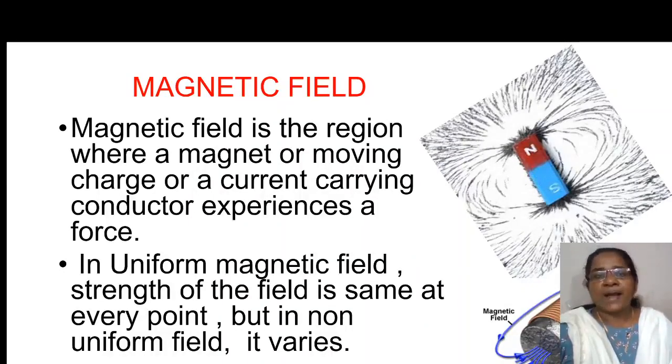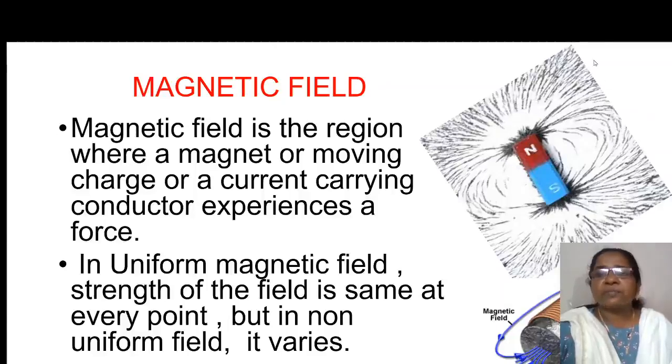Now we are coming to the magnetic field. Here you can see a bar magnet and iron filings are attached along some specific lines. These iron filings are arranged in a particular pattern. This pattern represents the magnetic field around this magnet.